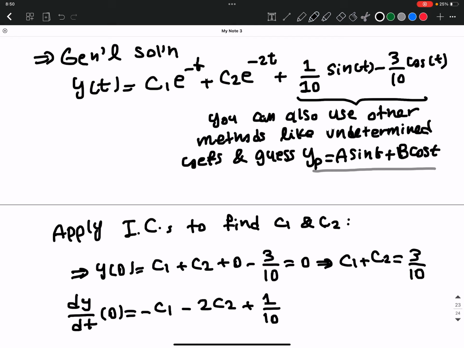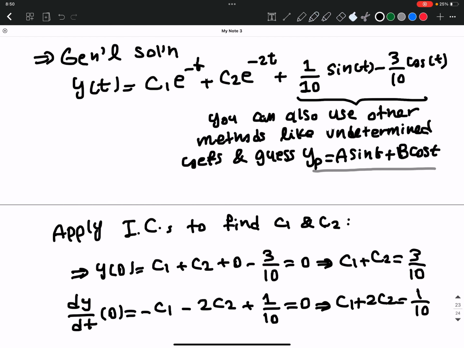And the fourth one would be minus 3/10 times minus sine of 0, which is 0. So this gives me C1 plus 2C2 equals 1/10.